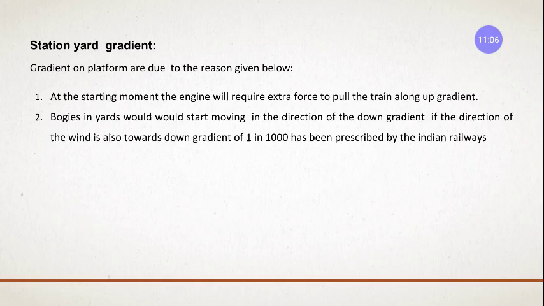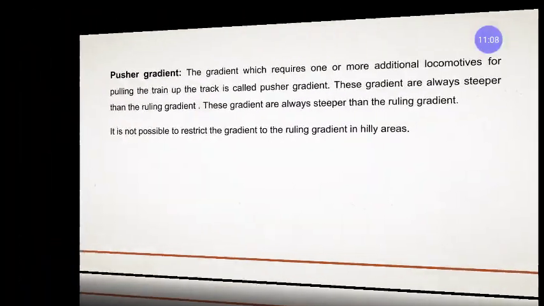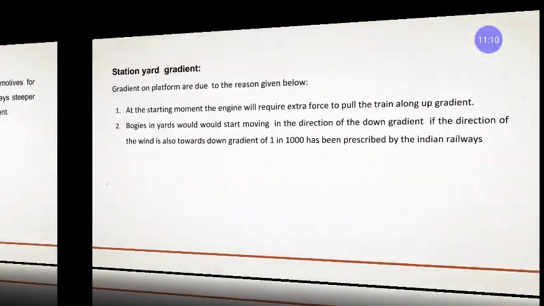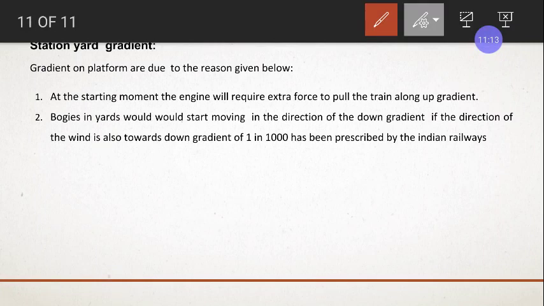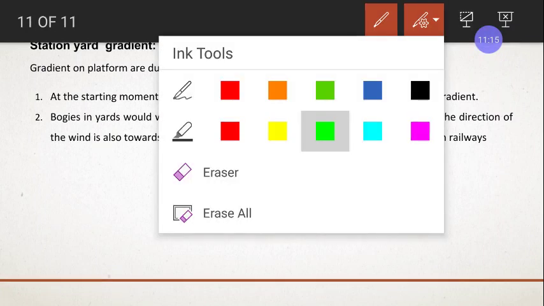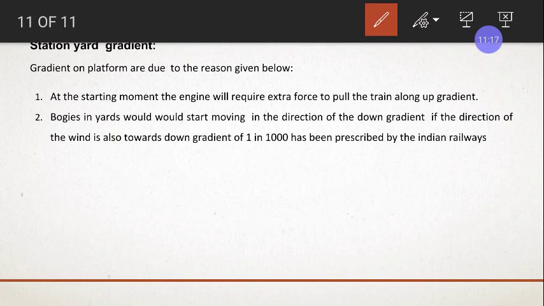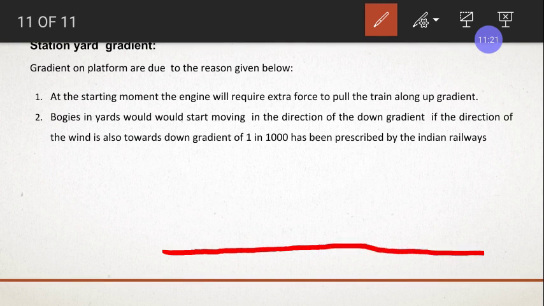If there is some slope like this, this is your small slope that is provided like this, right? The slope is provided like this. A very small slope is provided.